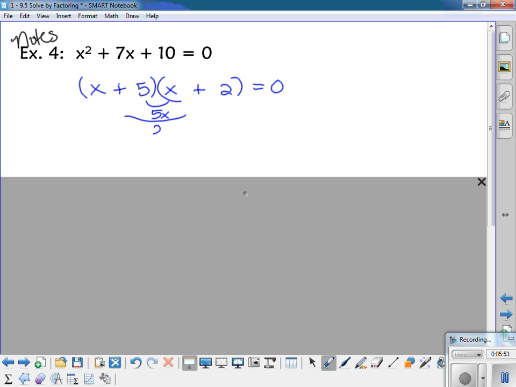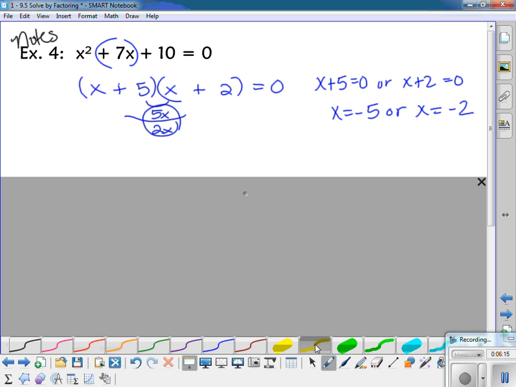You can still check your work to make sure that they're adding up to that middle term if you need to. So I know x plus 5 has to equal 0, or x plus 2 has to equal 0. And so if I subtract 5, I get x equals negative 5, or x equals negative 2.